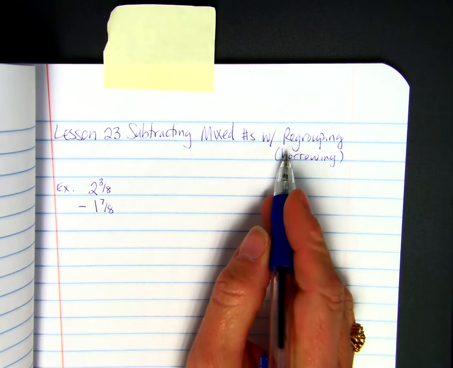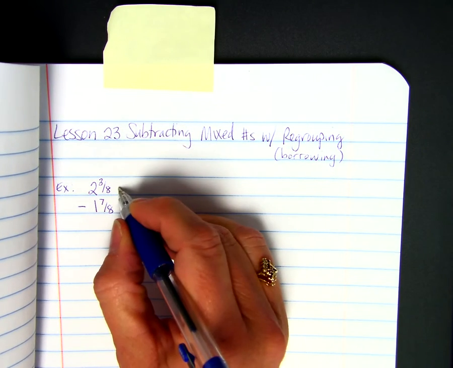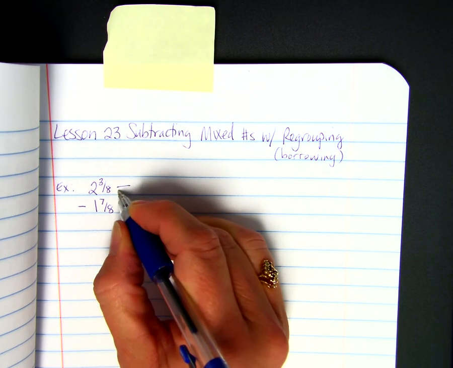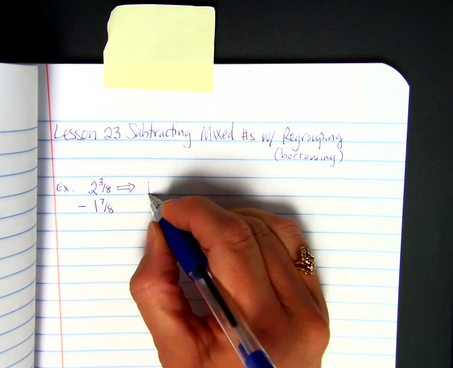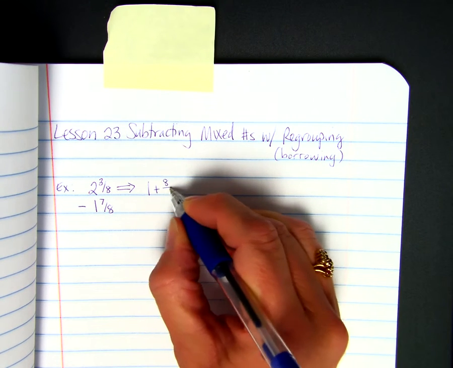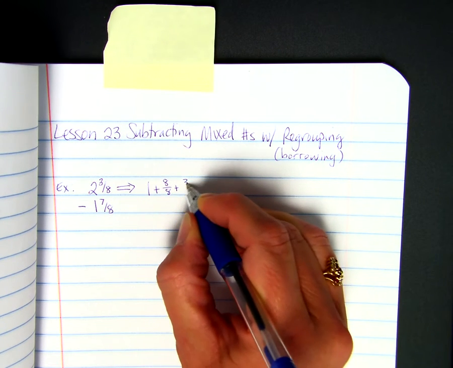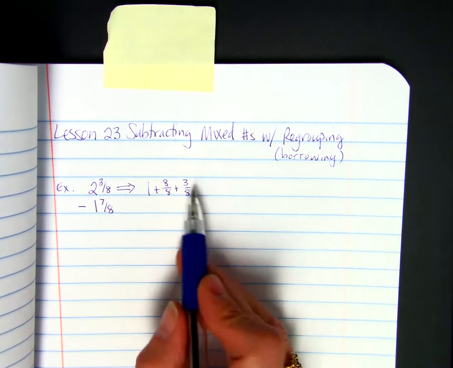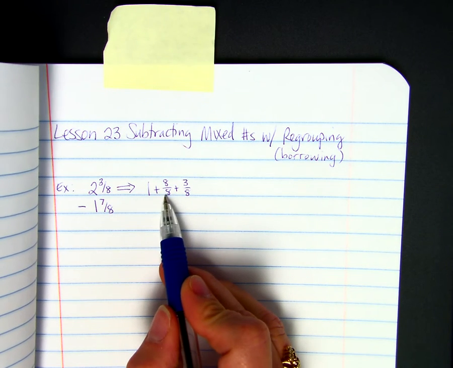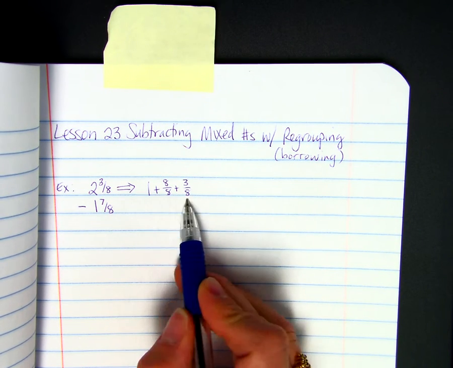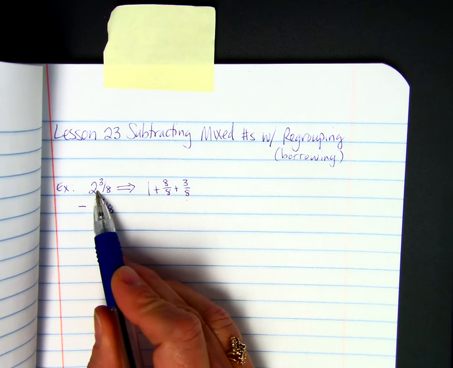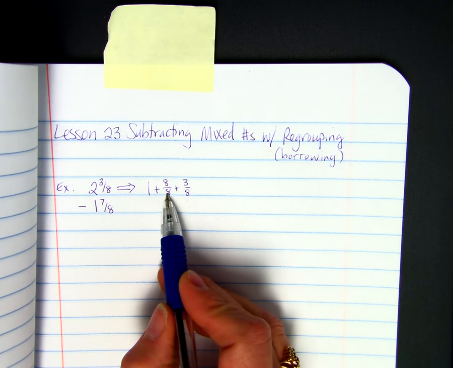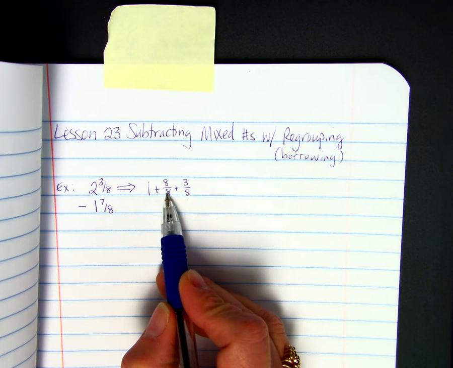But when we are subtracting with regrouping, basically we just rewrite 2 3/8 as 1 plus 8/8 plus 3/8. So 8/8 is just 1, and 1 plus 1 is 2, plus 3/8 is 2 3/8. So we just rewrote it where we're borrowing 1 from the 2 and writing it as 8/8.